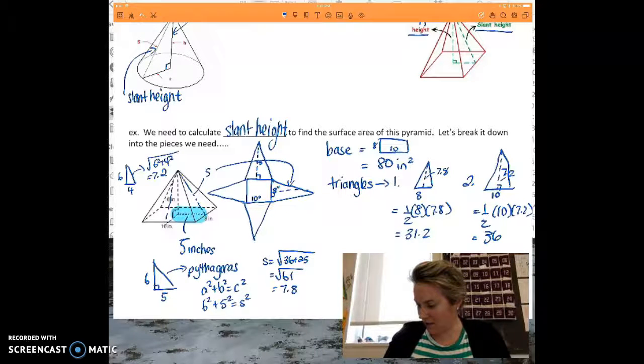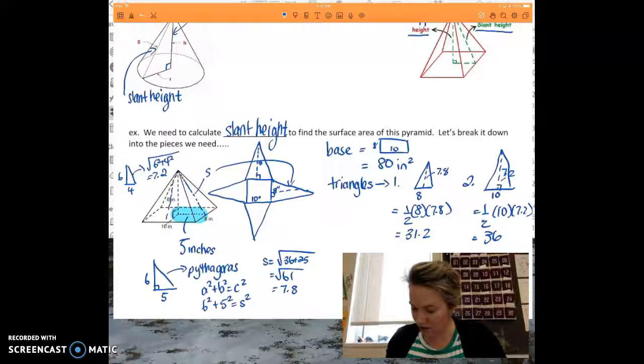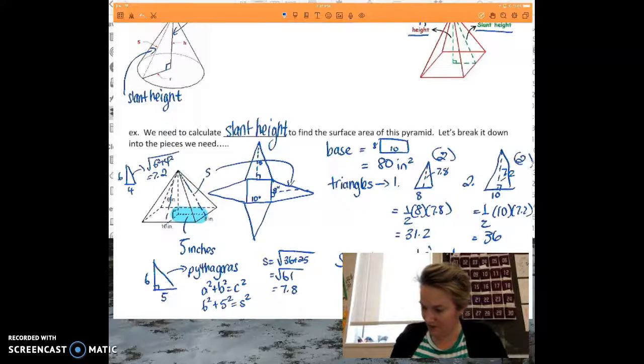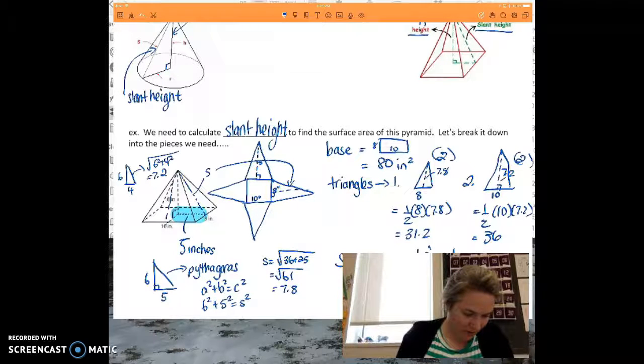Which is 36. And how many of them are there? Well, there's 2 of this, there's 2 of this one, and there's 2 of that one. So to get the surface area, we have to add them together. So we're going to have the base plus the triangles, which is 80 plus 2 times 31.2 plus 2 times 36.